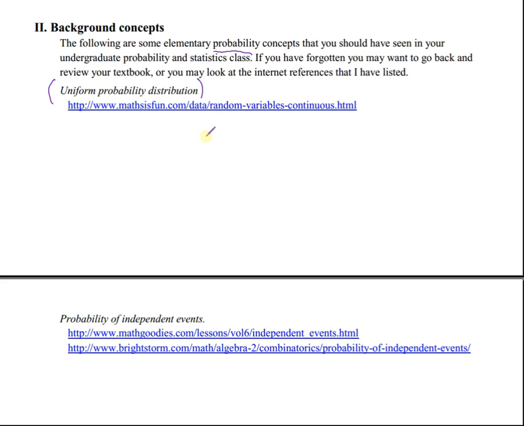And I'll give a simple example. Suppose I want to choose a uniform random variable on the interval 0, 10. Now, what is a random variable? I could just say that that's one particular type of random outcome.